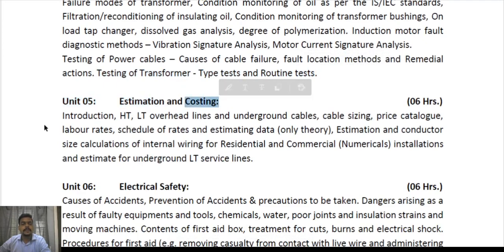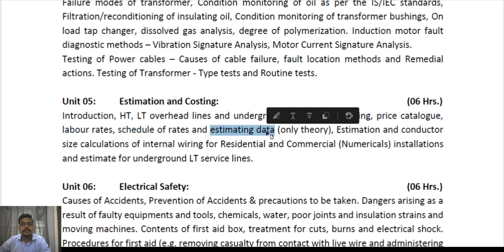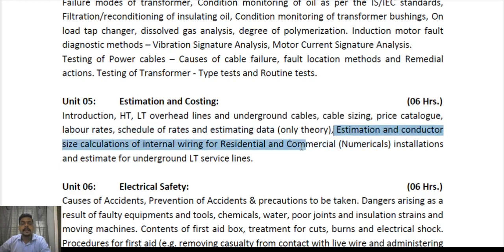Under this, we will discuss the ST-LT difference for overhead lines as well as for underground lines, cable sizing, how to determine the cable size, price catalogs we will see, the labor rates, schedule of rates, estimating data, estimation and conductor size calculation for internal wiring for residential as well as for commercial.